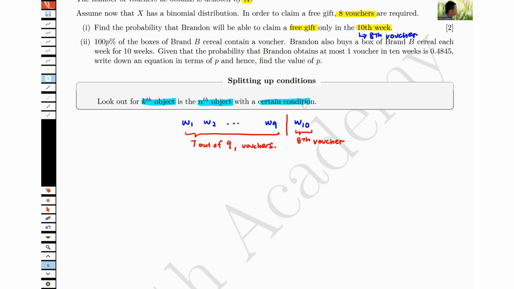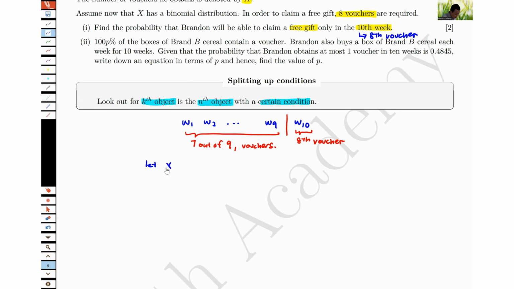Your condition is voucher. In our question, the 10th week is the 8th week with a voucher. For questions like that, when you define the front part, we can go for a binomial because it's out of 9. Binomial always has the out of n trials concept.